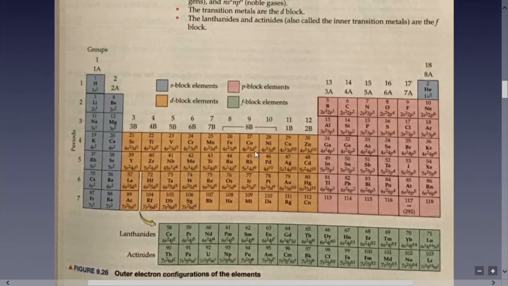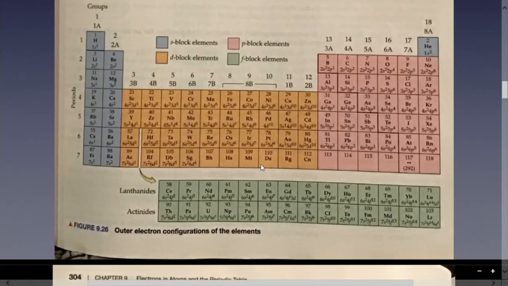Yeah, here's one in your book actually too that shows you what I was talking about. But this one in your book shows you only the outer configurations, only the valence electrons. So when you're way down here, you might be saying, where's the rest of the electron configuration that leads up to, let's go to gold.